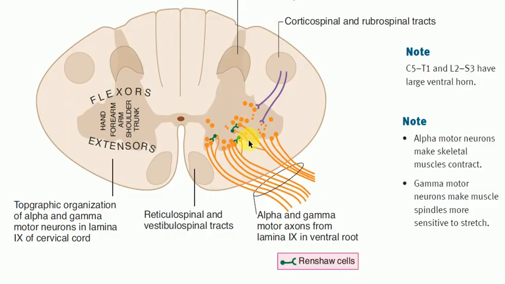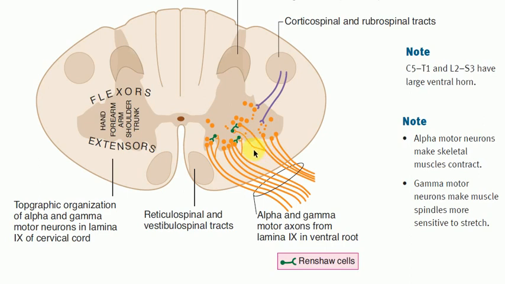Now there is one other type of neuron present inside the ventral horn. These small green neurons, as you can see, are interneurons, and these are known as Renshaw cells. These small, teeny tiny neurons, which are green in color, have an inhibitory effect on the alpha motor neurons.